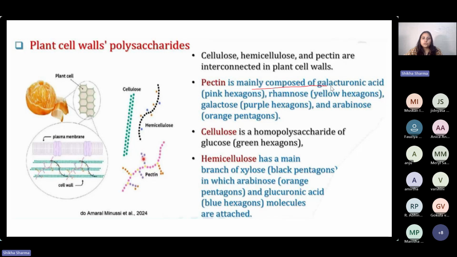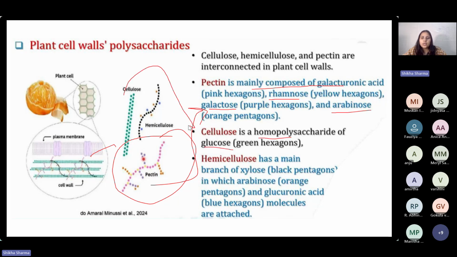Pectin is composed of galacturonic acid, as we can see here. It also has rhamnose, galactose and arabinose. Like this is the structure of pectin. Mostly its monomer is galacturonic acid, and cellulose is basically a homopolysaccharide of glucose.